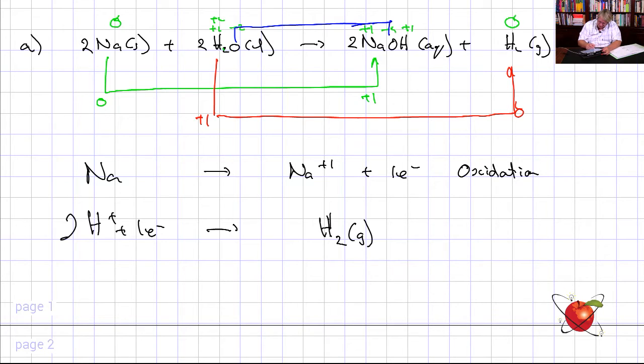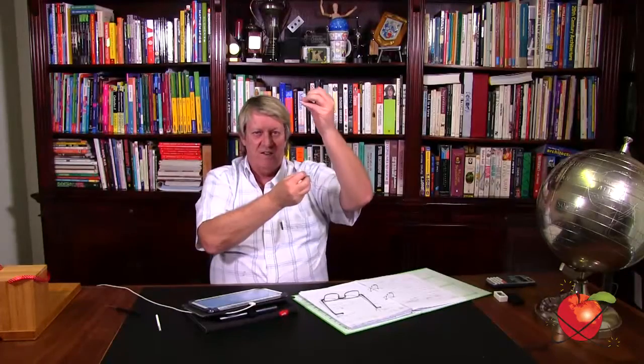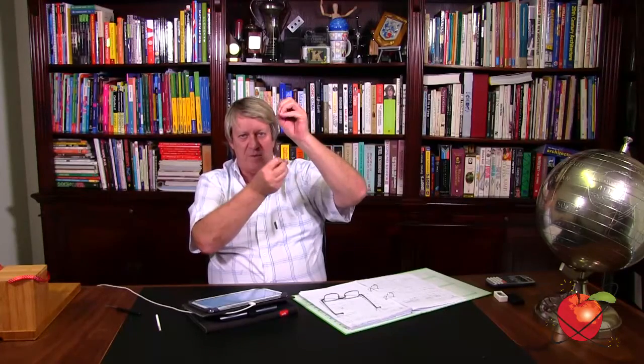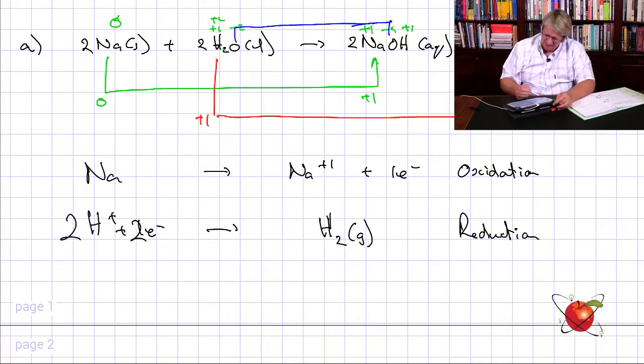Therefore, we need 2 of those and 2 of those, because a hydrogen ion here and another one come together. They are independent H+ ions. This one gets an electron, that one gets an electron, and they form H2. So that's gain, reduction. Now we have to multiply through by 2 because we have to balance the electrons.